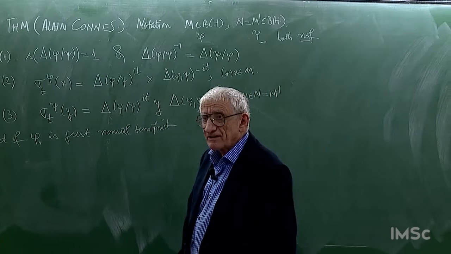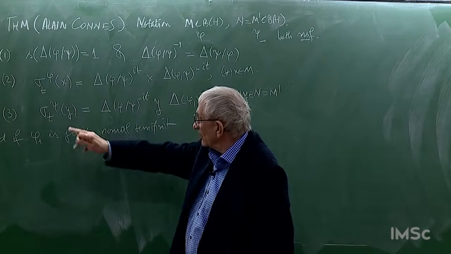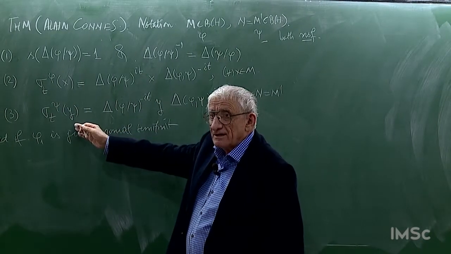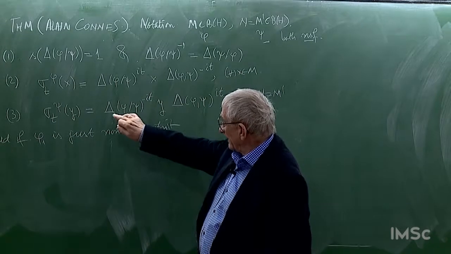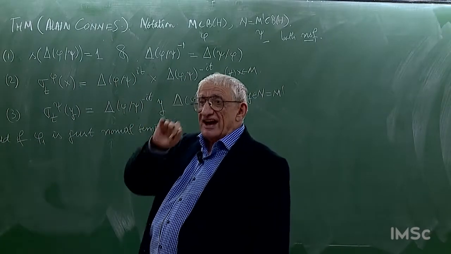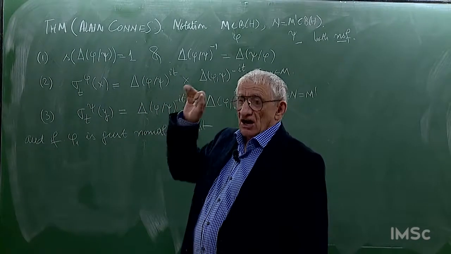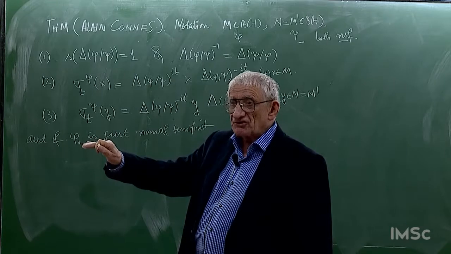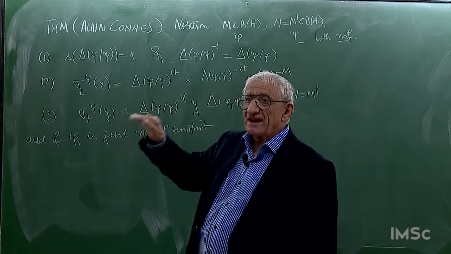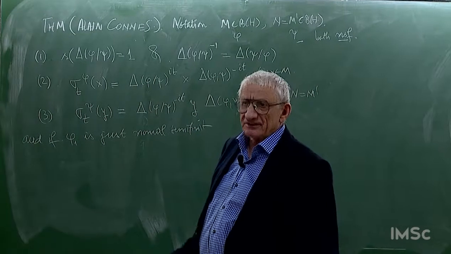It's the same thing. The delta is defined for phi and psi, and it implements the modular automorphism group of phi as well as the modular automorphism group of psi, with the minus t there, and that's all.